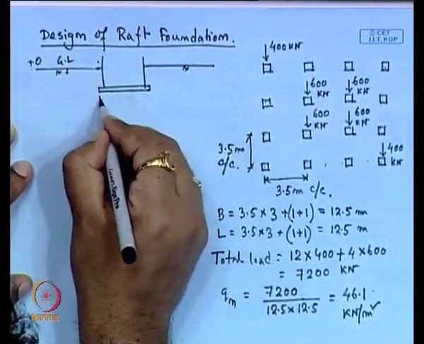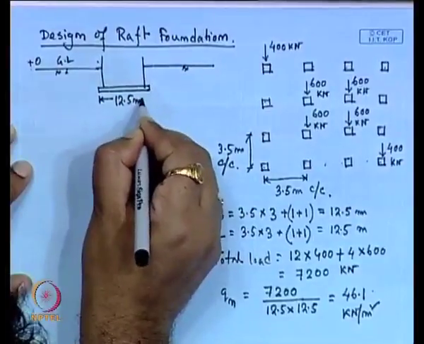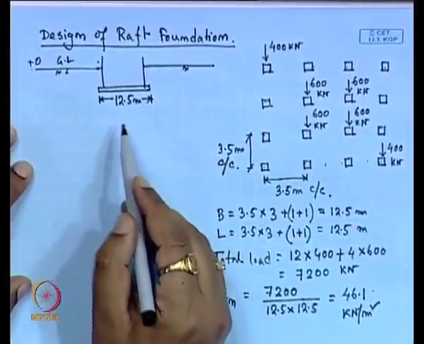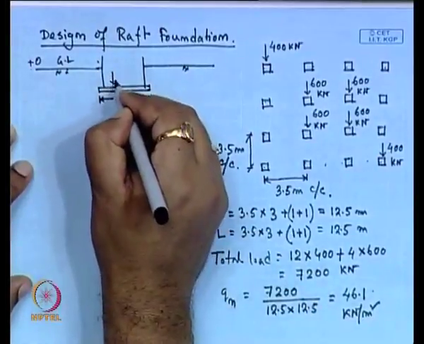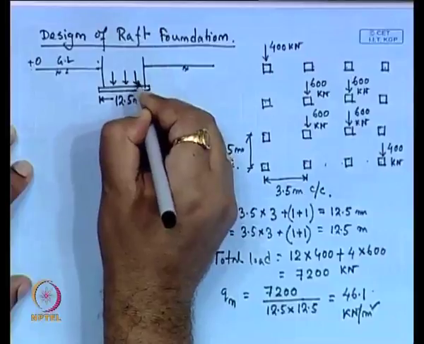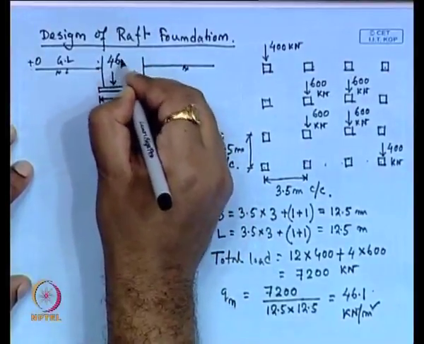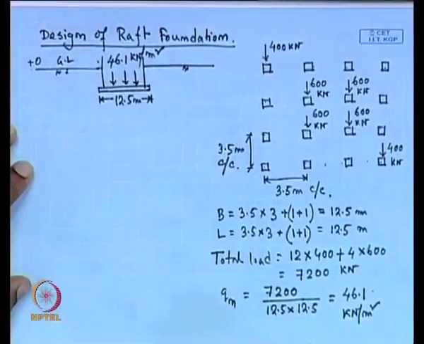So, the width is 12.5 and the length is also 12.5 meter, and the footing load, that is the net load acting at the base of the raft, is 46.1 kilonewton per meter square.